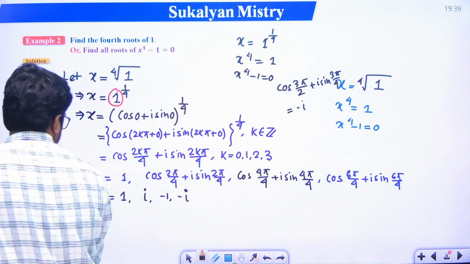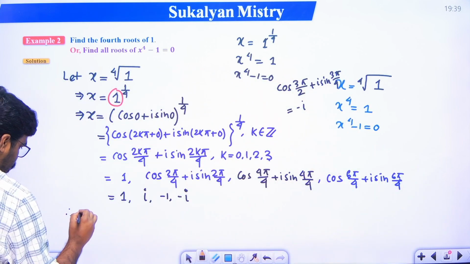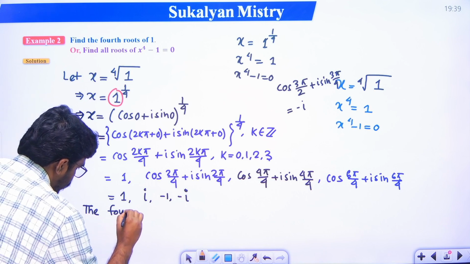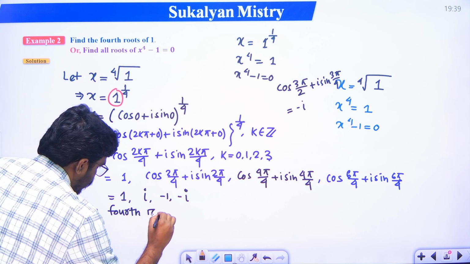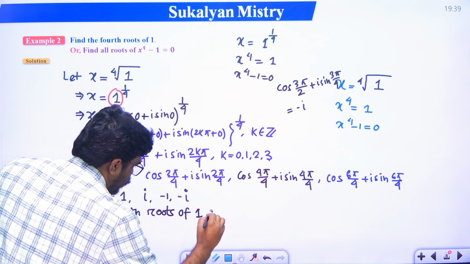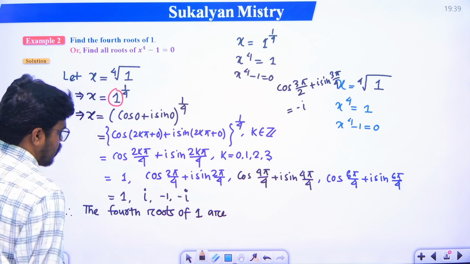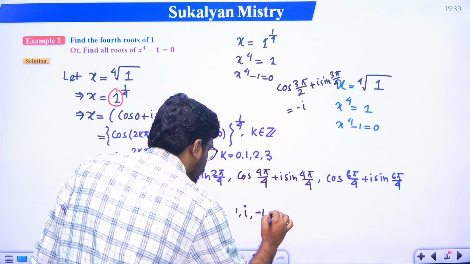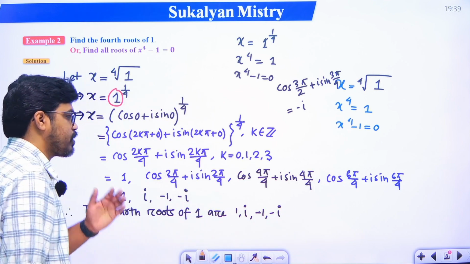Therefore the fourth roots of 1 are 1, i, minus 1, minus i.